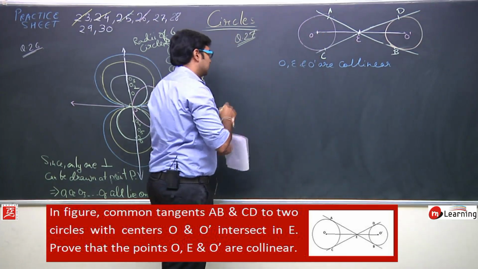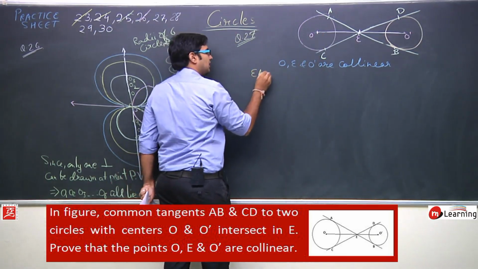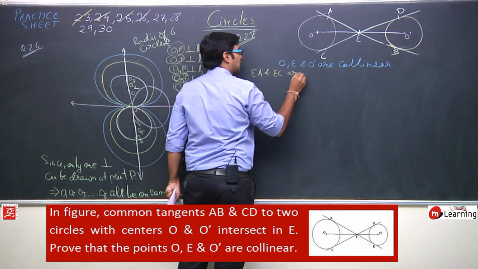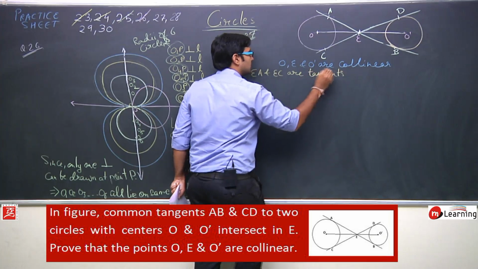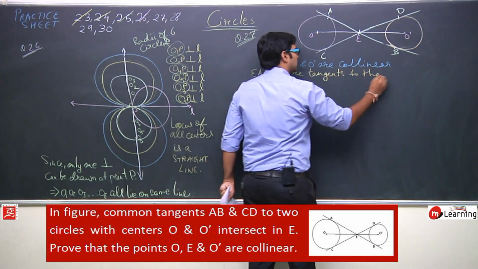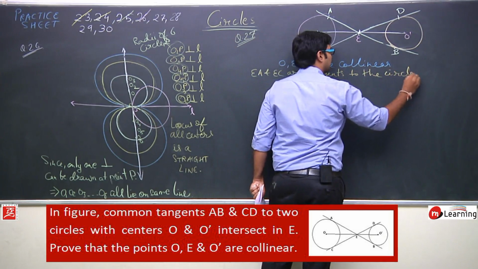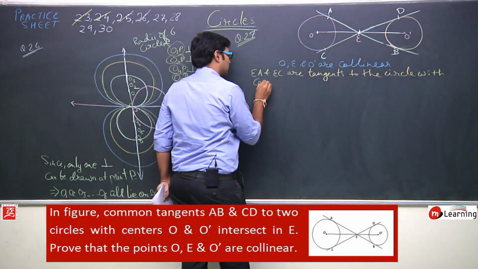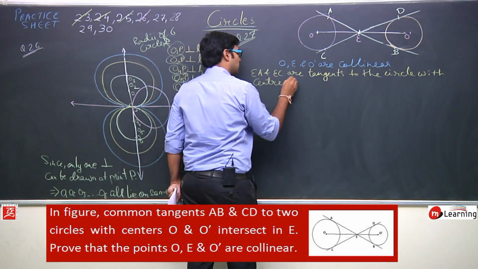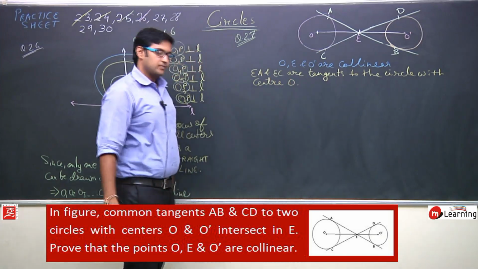What I can say is EA and EC are tangents to the circle with center O. Okay.